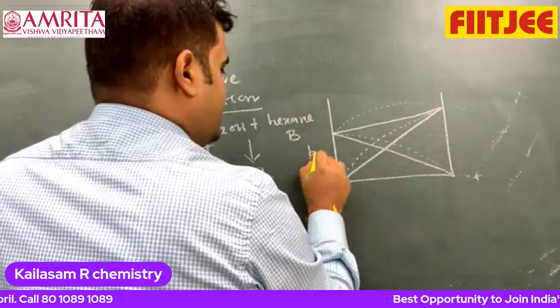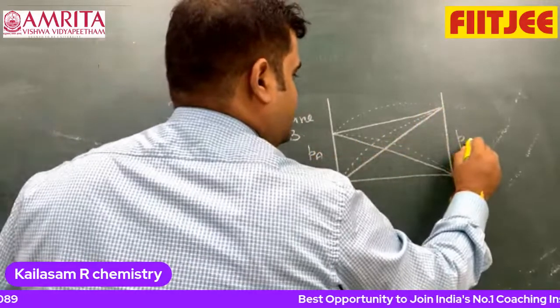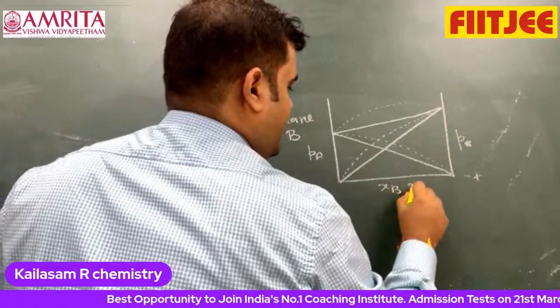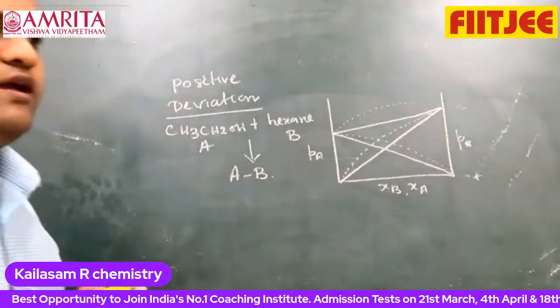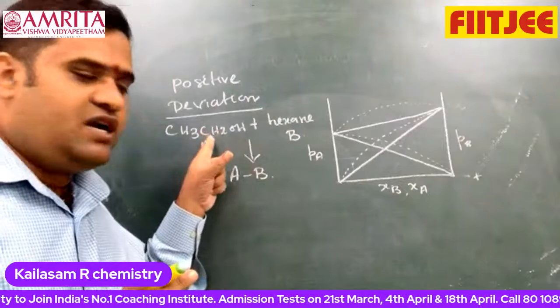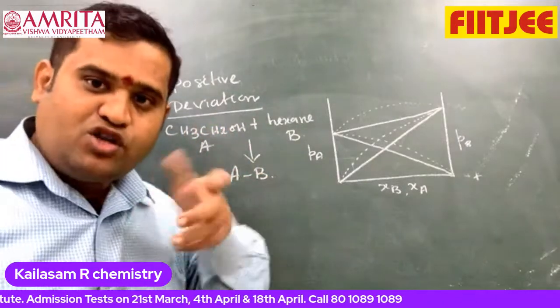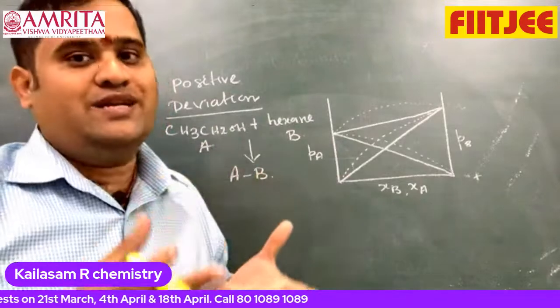This is PA, this is PB, with XA and XB. Why? Because ethanol has hydrogen bonding. After mixing, the hydrogen bonding is going to break. Because of that, the volume of mixing is going to increase.